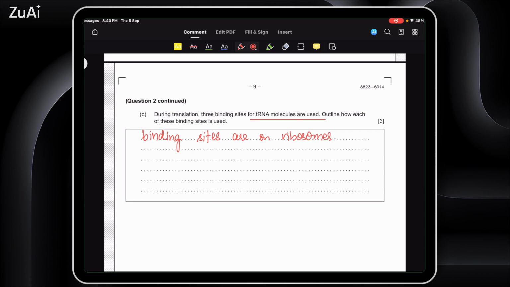Yeah, this is the site for attachment of transfer RNA and where the peptide bond is made.